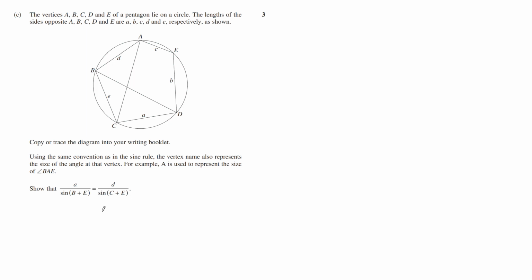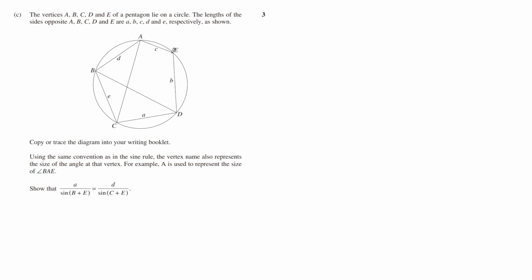So what occurred to me is that we've got A on sine of this angle. So let's think about how this angle could be expressed as something to do with B and E. I'm thinking this one is B minus this one. And the way that E is going to be involved is that this is a cyclic quadrilateral, therefore that one plus that one has to add up to 180.